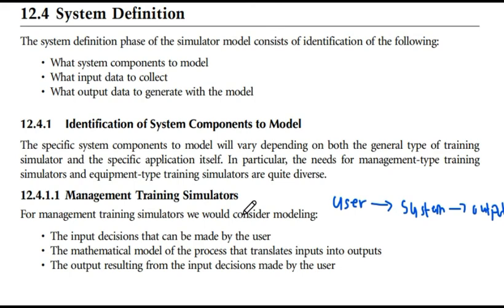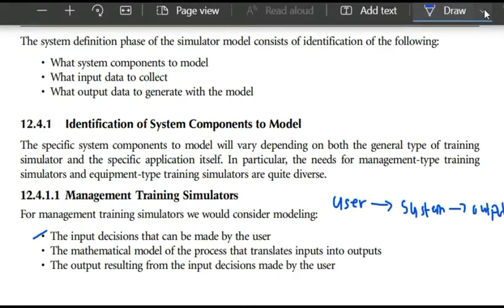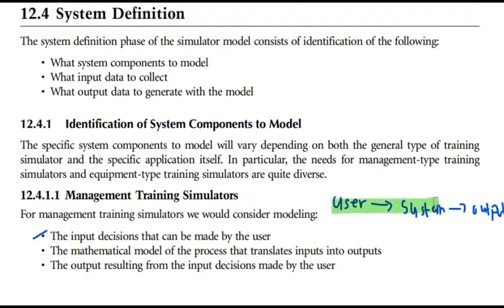It is between the process of user putting input into the system and then the system showing output. Okay? So first, itong the input decision that can be made by the user. So, ito siya, itong first consideration natin, this is between this relationship here, user at saka system. So, pwede mo yan siyang i-model. Paano naglalagay o nagpapapasok ng input ang user sa system?